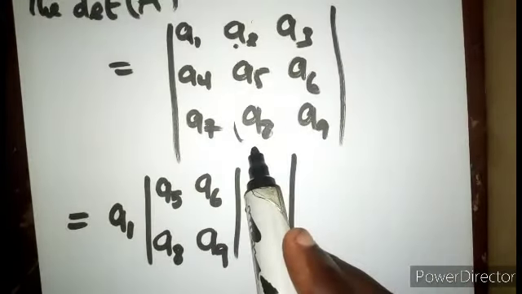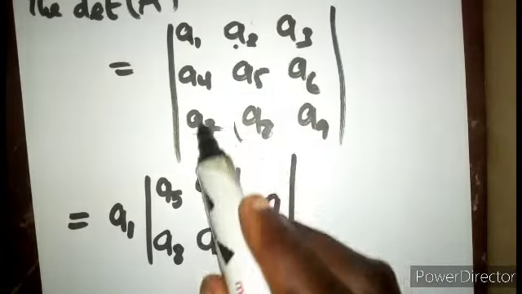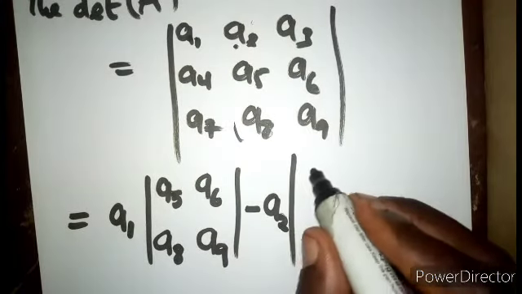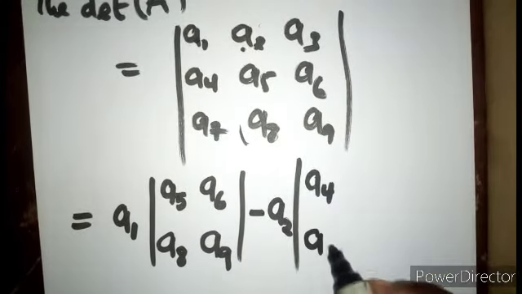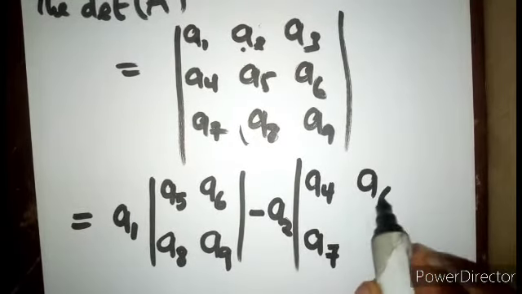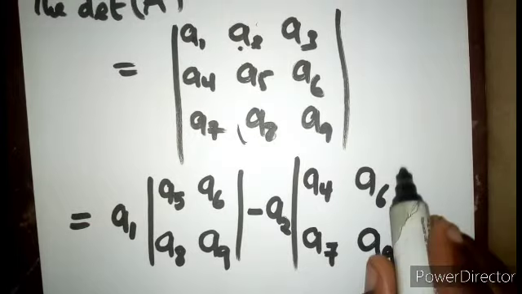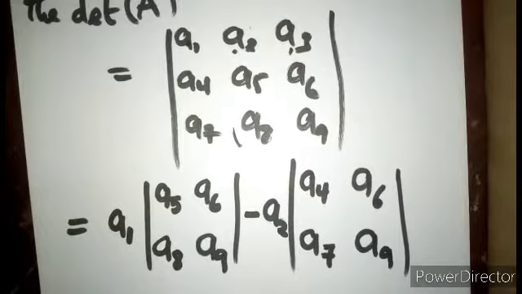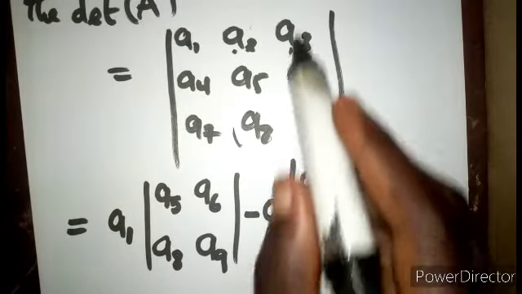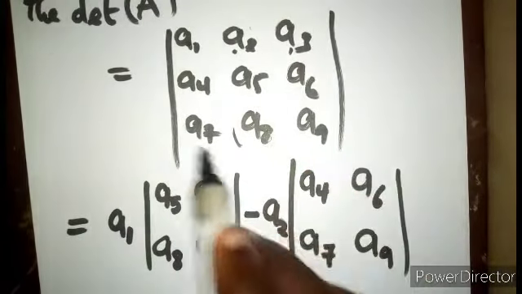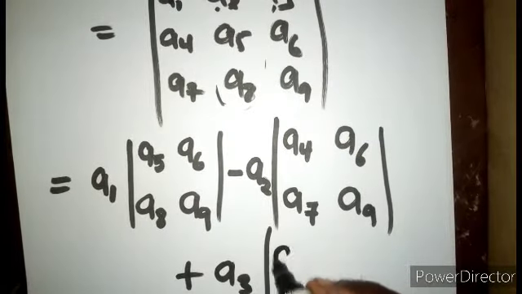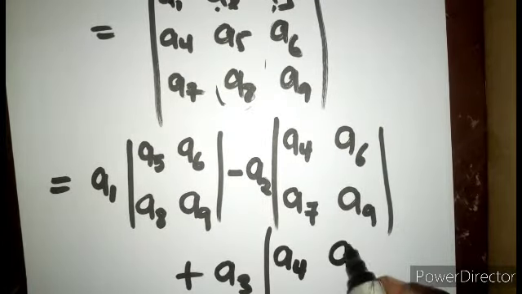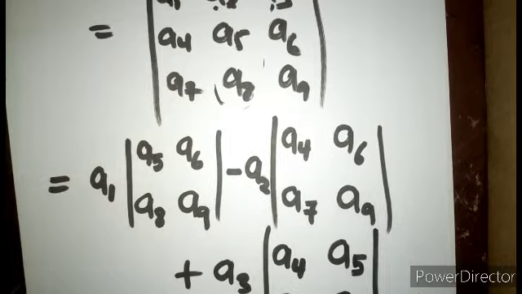If you cancel this row and this column, we are left with A4, A7, A6, A9, plus the last one, A3. Then if you cancel this column and this row, we are left with this matrix: A4, A5, A7, and A8.